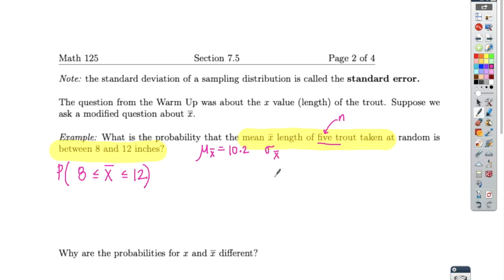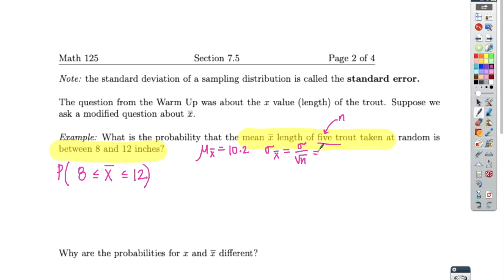But our standard deviation of this new x bar sampling distribution does change. And the way that we get that is using this formula, sigma over the square root of n. You have to be really careful about your notation here because sigma and sigma sub x bar, these are two different numbers. So make sure that you're very careful about this subscript notation when it is necessary.